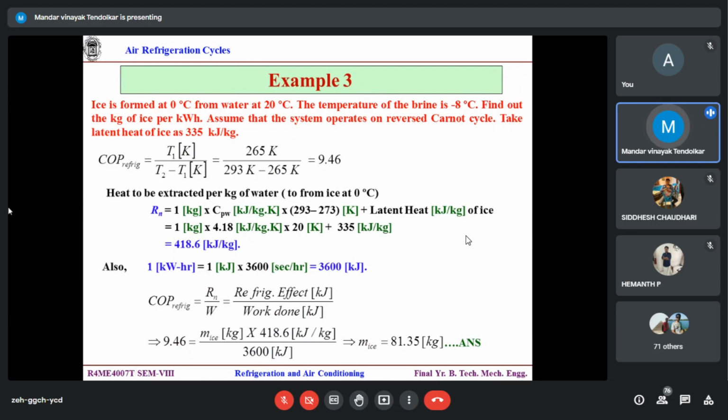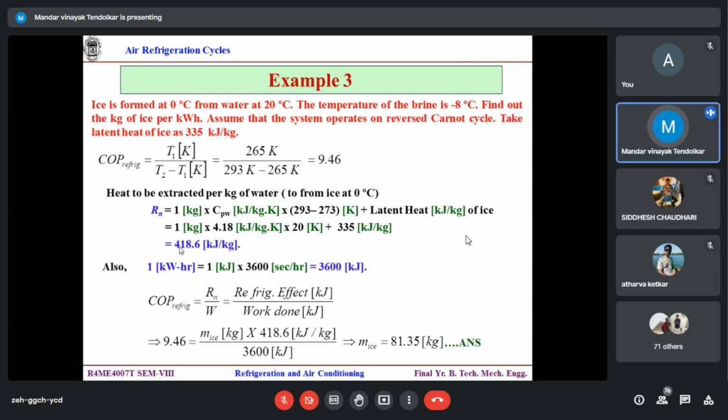And now you again can realize that instead of 418, subtract this from it. How much would it be? And then substitute it over here. 83 something, right?